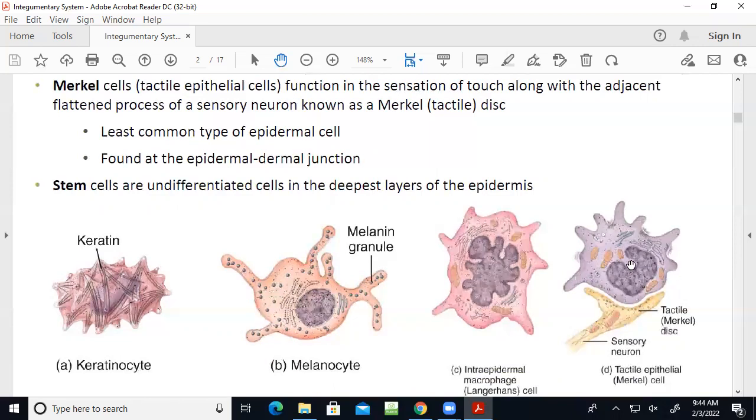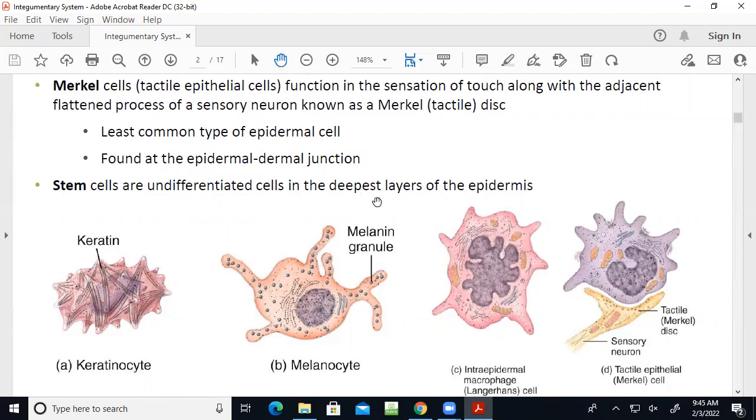And so by stimulating these, you stimulate the neurons because they communicate with one another, and that allows us to feel when someone touches us or when something's touching our skin. They're the least common type of epidermal cell. We only find them at the junction between the epidermis and the dermis, so the very deepest part of the epidermis.